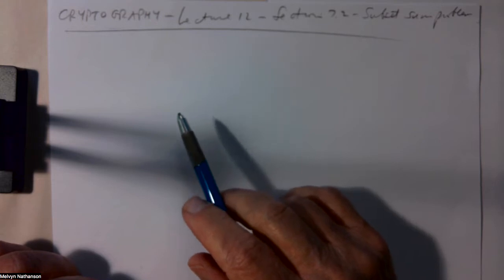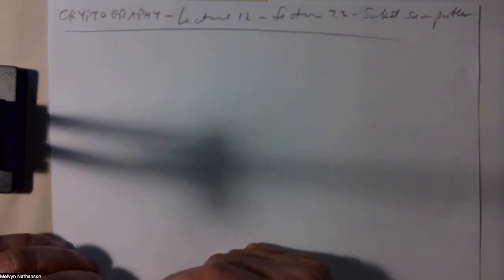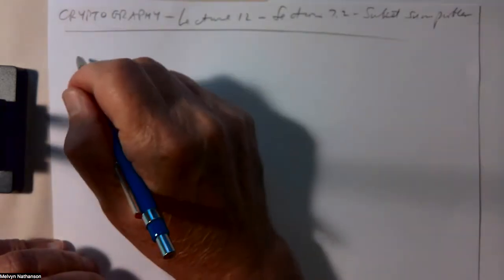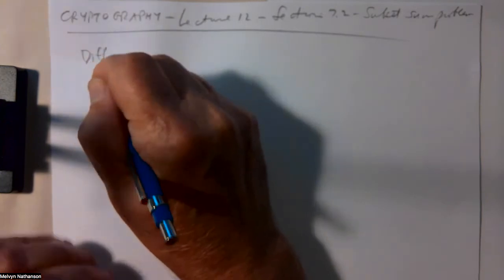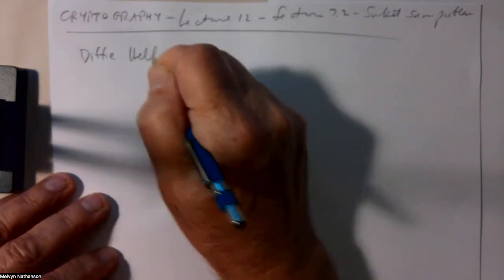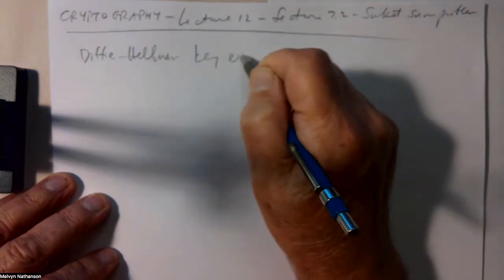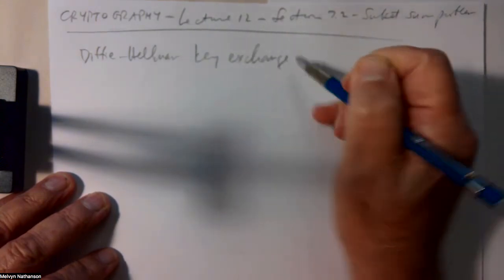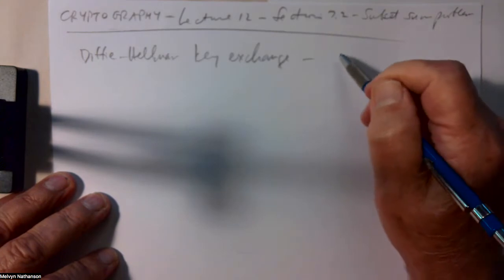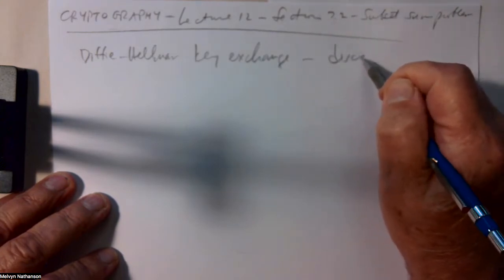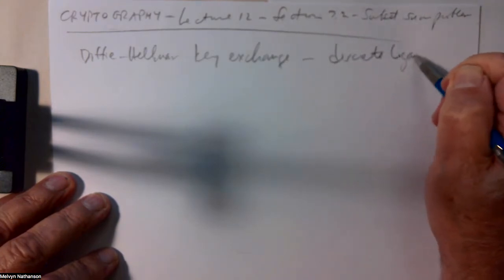So in cryptography, we learn various methods of encryption and decryption. We've seen two significant ones so far. One is the Diffie-Hellman key exchange, which is based on the mathematics of the discrete logarithm problem.